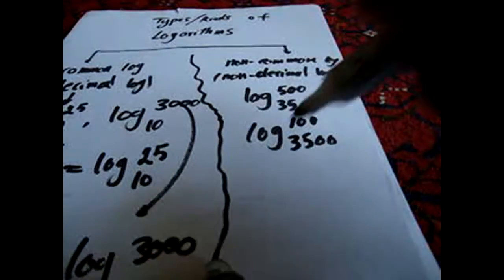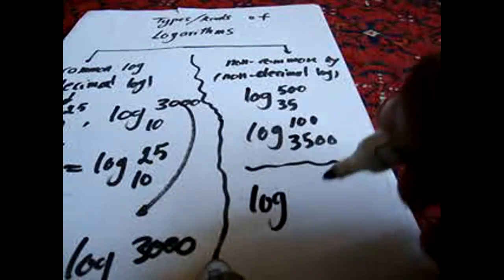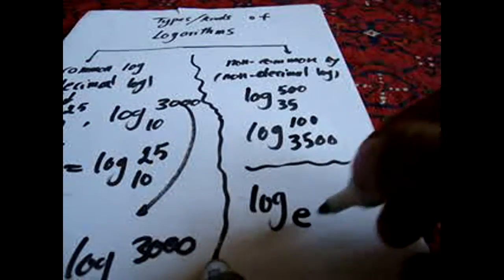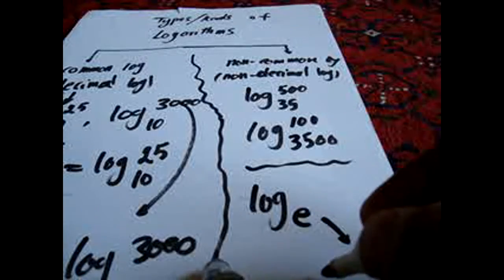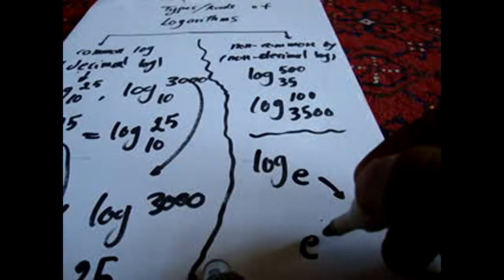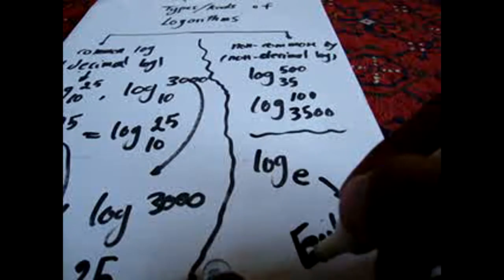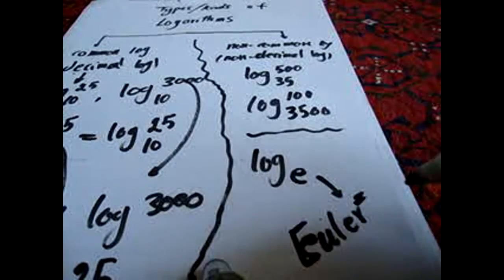So if you have a log that has the e number, the Euler number, I'm pretty sure most of you know who Euler is.